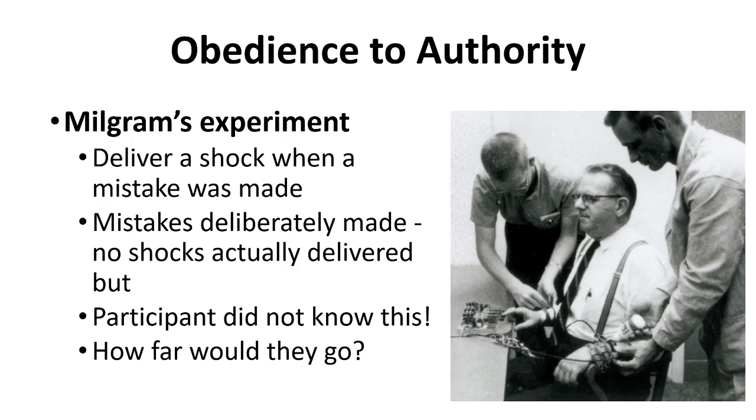So the experimenter would stay in the room, and each time a question was asked, if the confederate answered the question wrong, which they were frequently instructed to do, the participant had to push a button and deliver an electric shock. And the experimenter would tell them that they had to deliver the shock, and that each time a mistake was made, the intensity of the shock had to be increased.